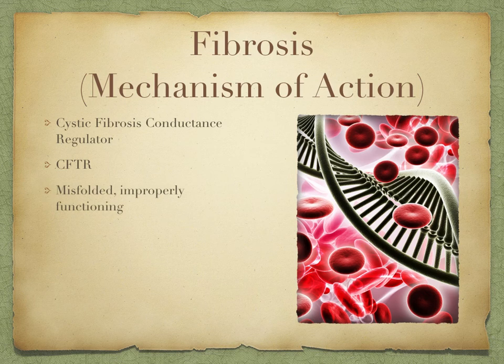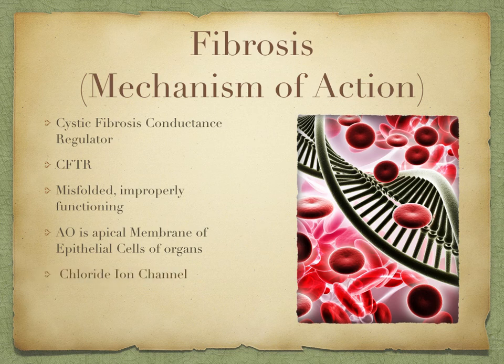When there is a mutation, it is misfolded or improperly functioning, and its area of operation is the apical membrane of the epithelial cells of most organs. CFTR acts as a chloride ion channel.